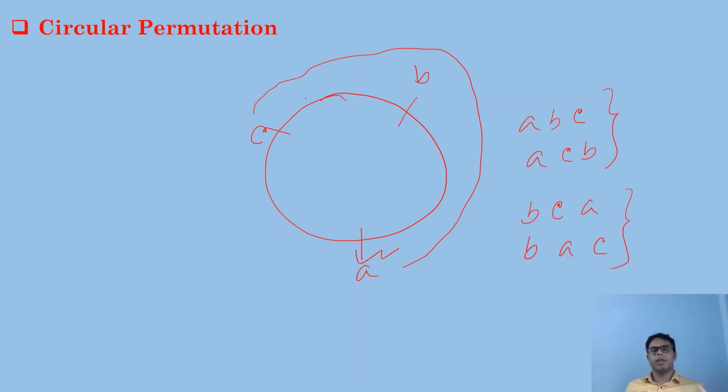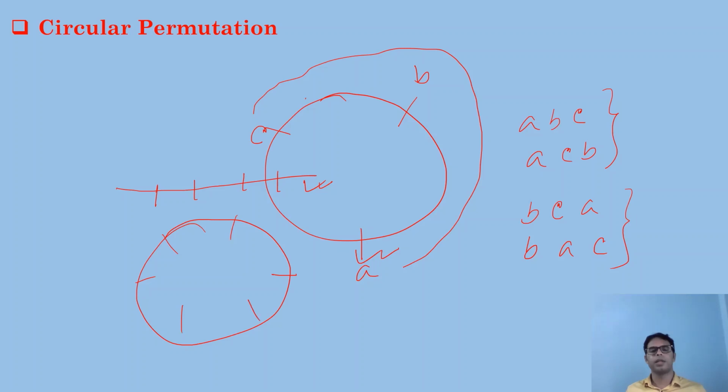Then the circular permutation means you are to place the objects in a circle, not in linear. In the previous section we discussed the permutation of objects taken on a linear basis, that is, objects placed in a linear format, here, here, here, in this way. But in case of circular permutation, the objects should be placed in a circular manner.